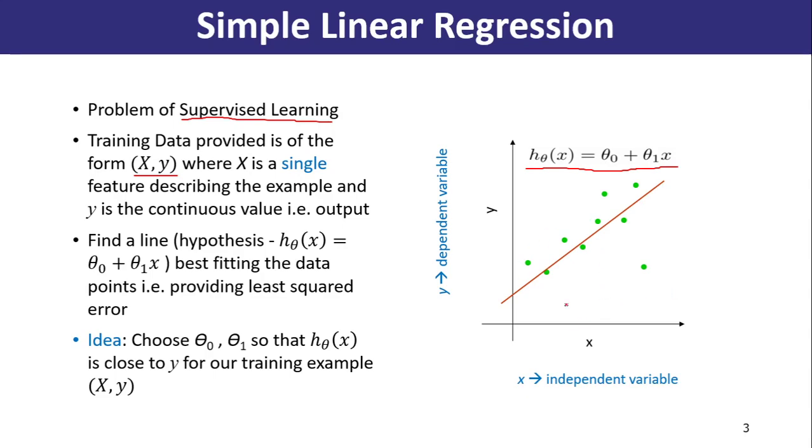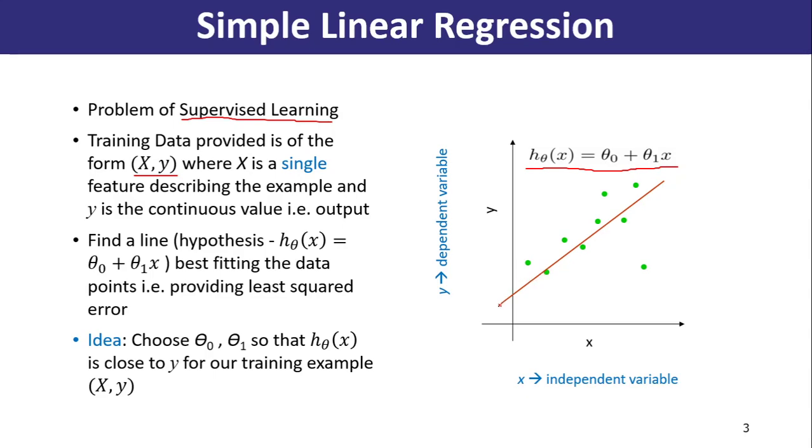Given the data points are described with a single feature, that is why this is simple linear regression, and we are supposed to come up with a line or a hypothesis of the form h theta x equal to theta 0 plus theta 1 x, right?